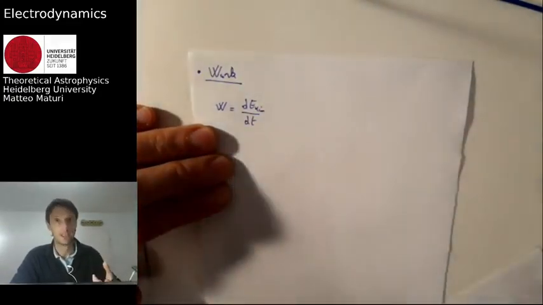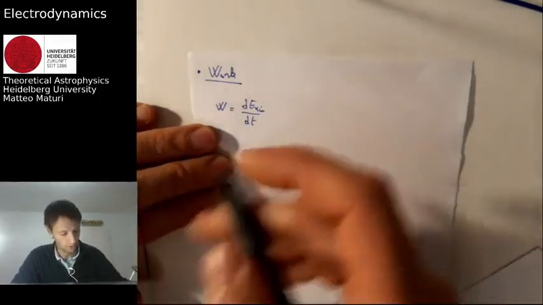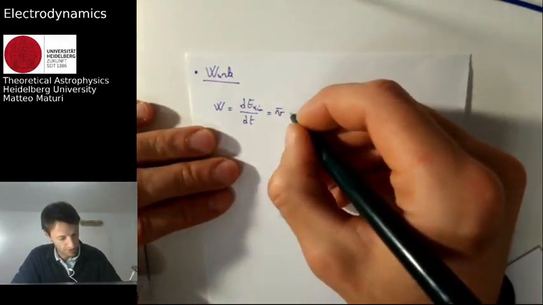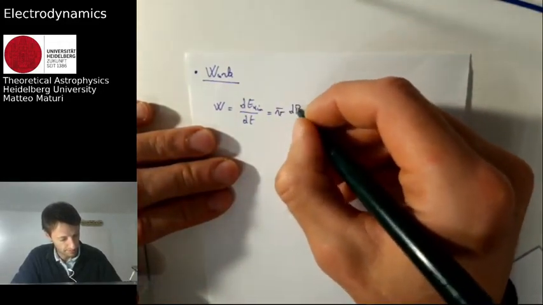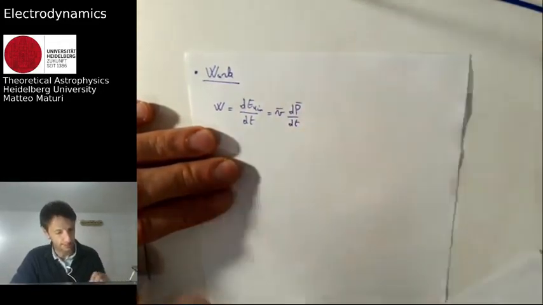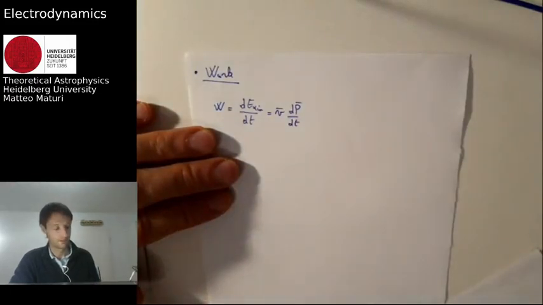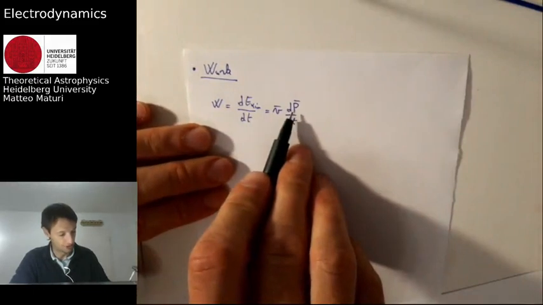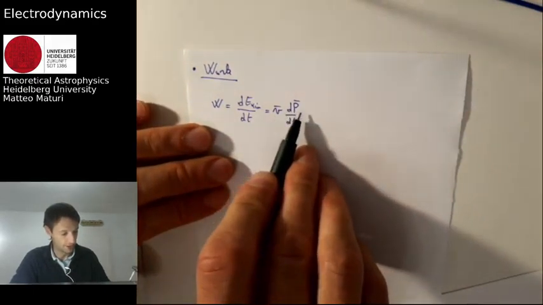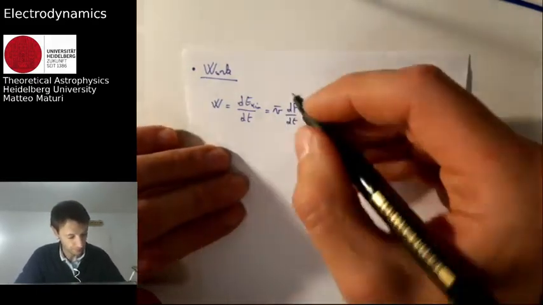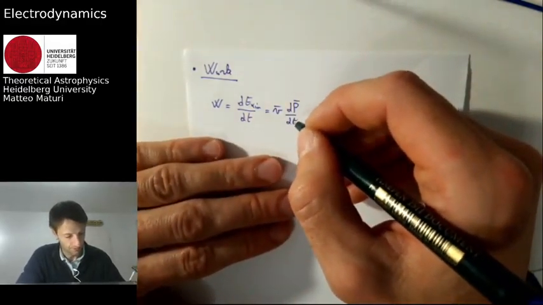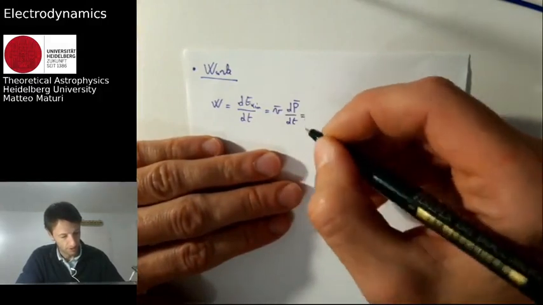Because we are giving or removing energy through work, the kinetic energy is going to change, which is equal to v dp/dt. Okay, look, take care that this is the actual momentum, so it's mv, so it's mv squared. That's the kinetic energy.